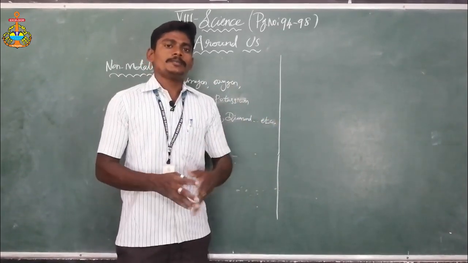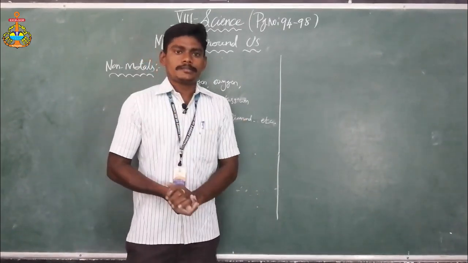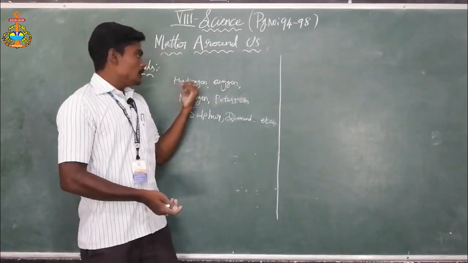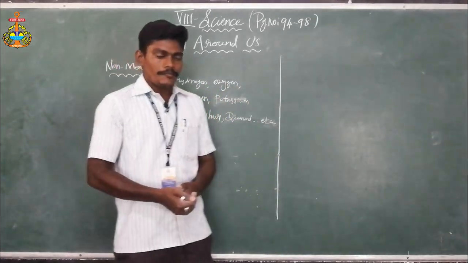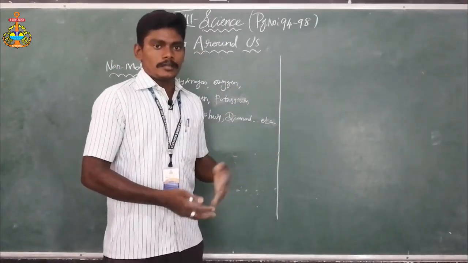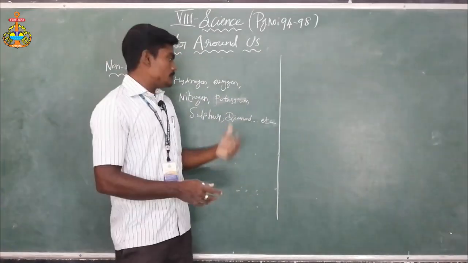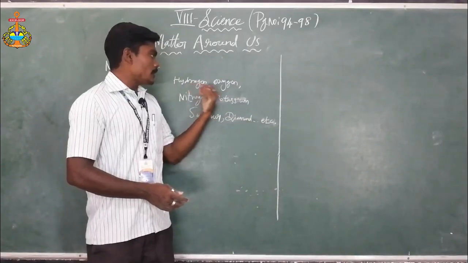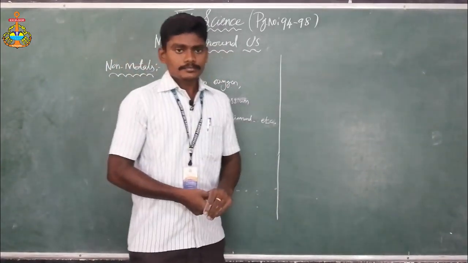From these properties, non-metals are entirely different from metals. We have a lot of non-metal elements. In your textbook, some of the non-metal elements given are hydrogen, oxygen, nitrogen, potassium, sulfur, and diamond.